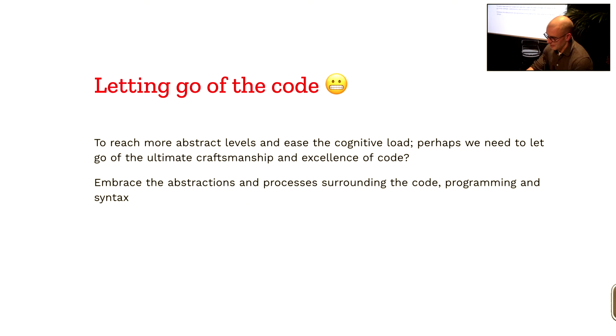Maybe at some points, we may need to let go of the code, in the sense that we cannot obsess over every line being perfect. In order to reach more abstract levels of thinking and planning, we may need to forget about building excellent syntax.